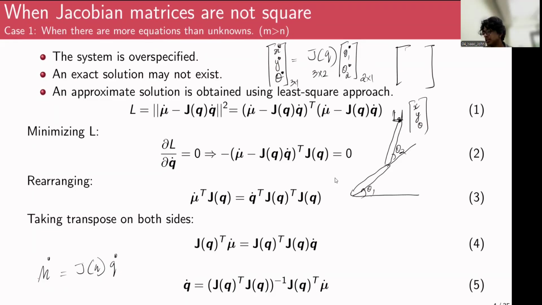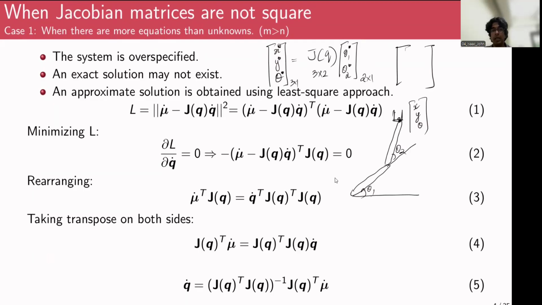So as a compromise, what we can do is try to minimize the error between the left hand side and the right hand side, right? So the objective now would become to find a control input q dot, theta 1 dot and theta 2 dot, such that the error between the left hand side mu dot and the term J of q multiplied by q dot is minimized.